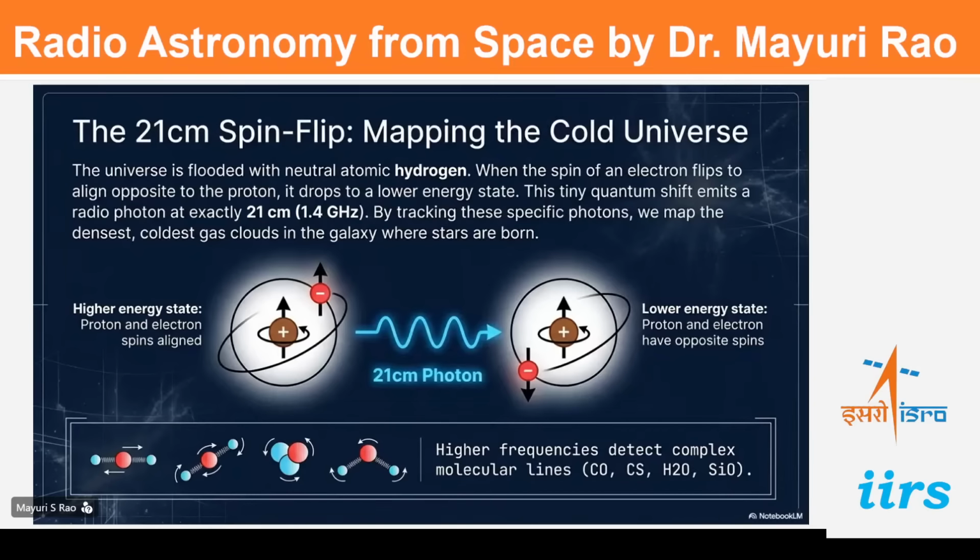The most abundant element in our universe is hydrogen. Neutral hydrogen, with the proton and the electron in the ground state in the 1s shell, naturally emits a photon which has a wavelength of 21 centimeters, or a frequency corresponding to 1.4 gigahertz.